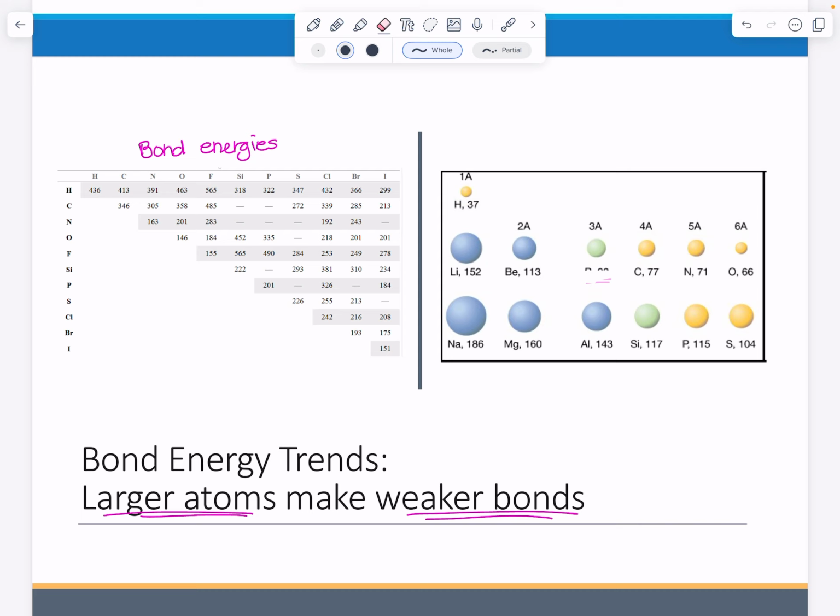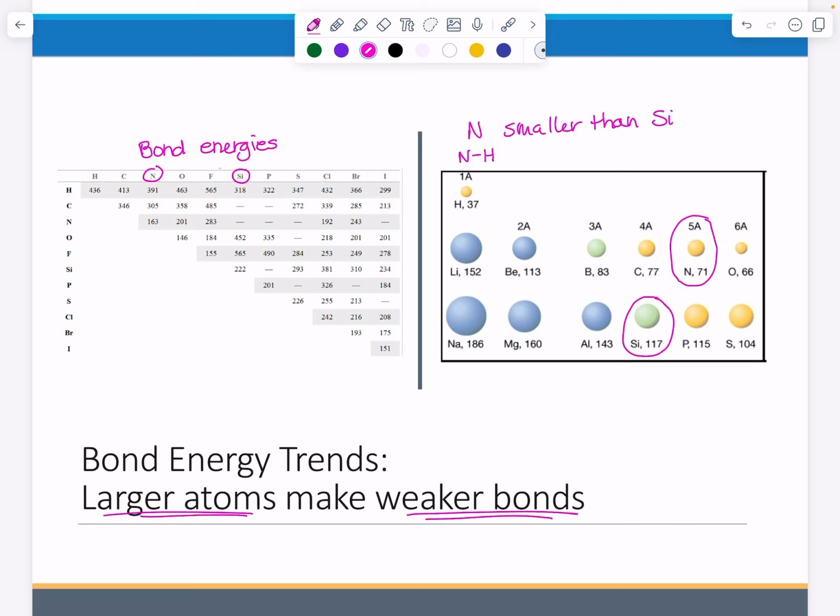Let's compare silicon, which is here, and nitrogen. So here's nitrogen. Nitrogen is much smaller than silicon. And let's look at a nitrogen-hydrogen bond.